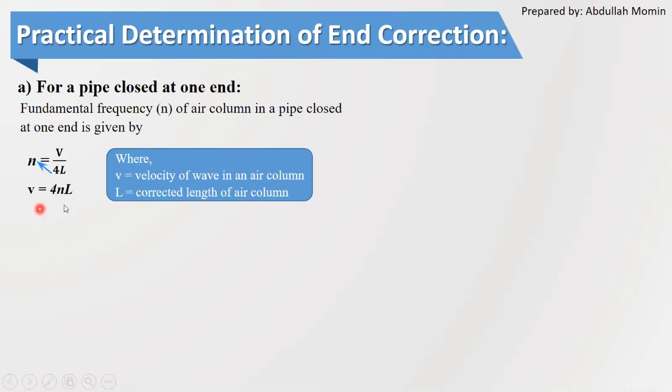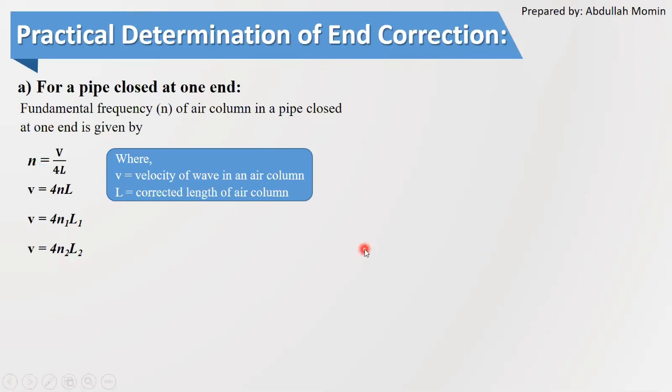Now V is equal to 4nL is the formula of the velocity of sound wave in an air column. So we are going to use two pipes. For the first pipe, V can be written as 4N1L1, and for the second pipe V can be written as 4N2L2.